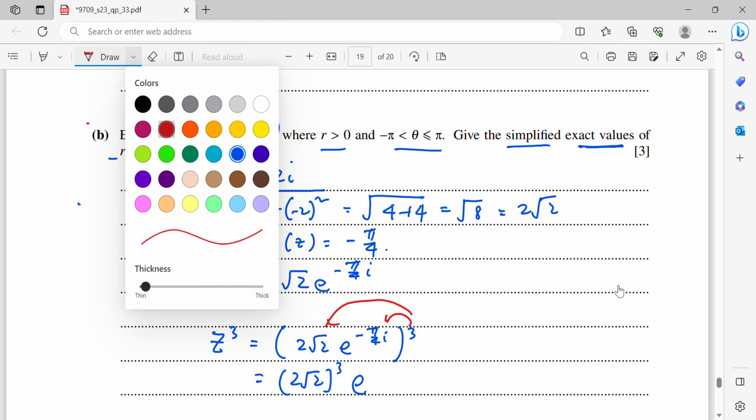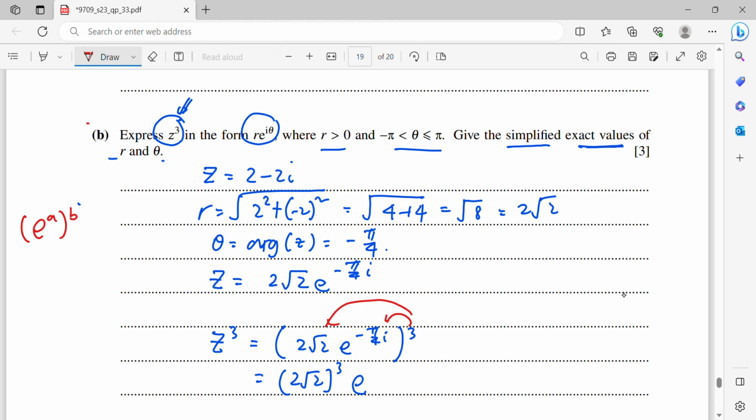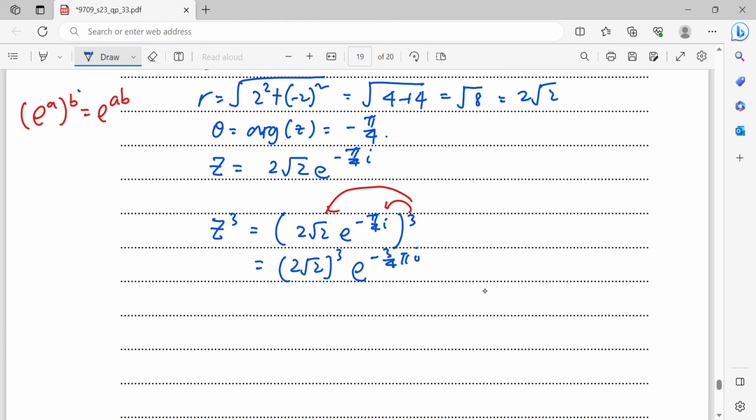For your information, if exponential a to the power of b, it will be e to the ab. So I will just multiply the 3 with negative pi over 4 i, and get negative 3 over 4 pi i. Now for the r, cube of 2 square root 2 is basically 16 square root 2. You can get it from a calculator. And this is e to the negative 3 over 4 pi i. So that is my z cubed in the form re to the i theta.